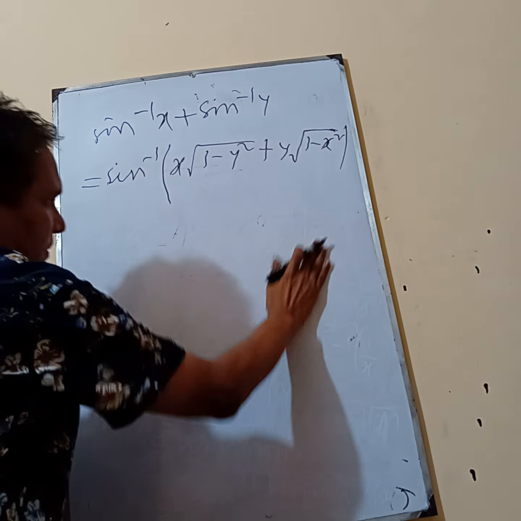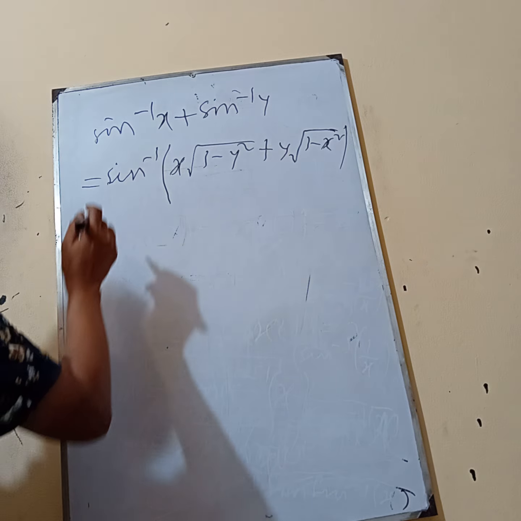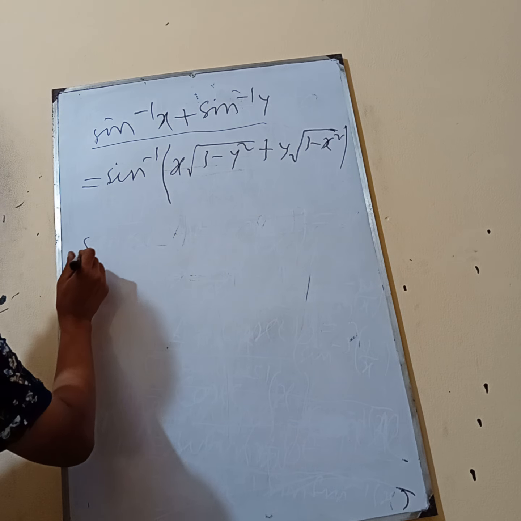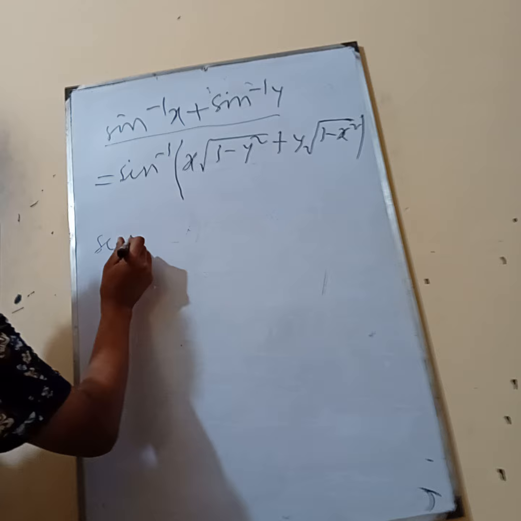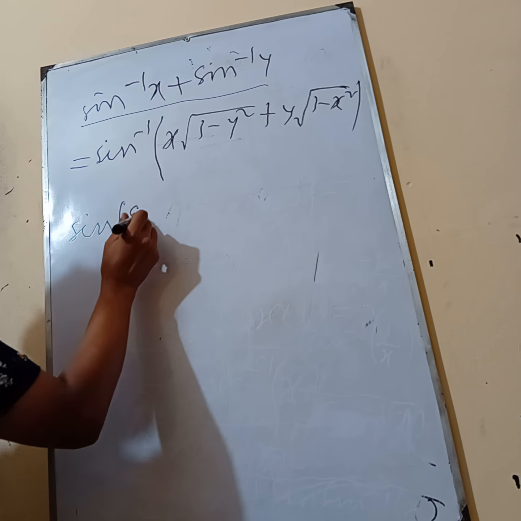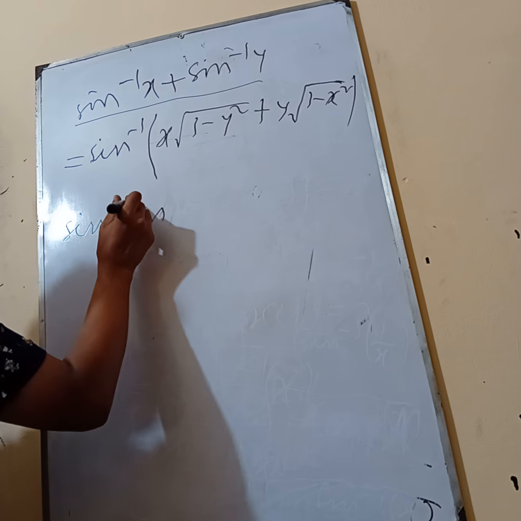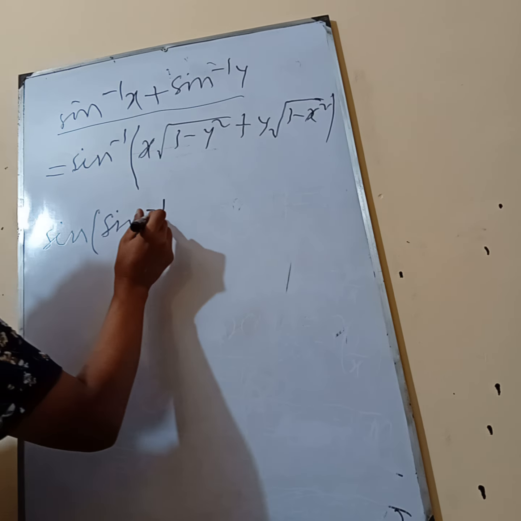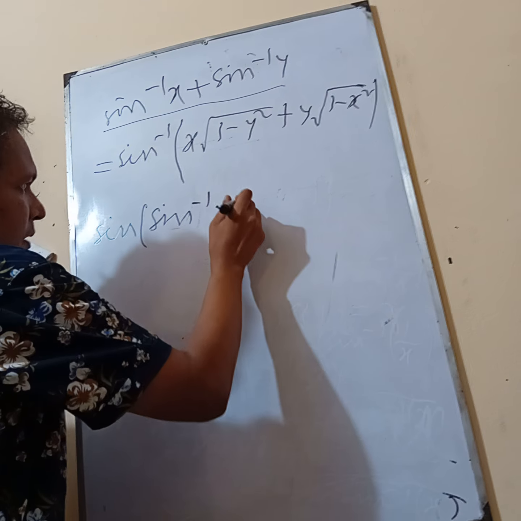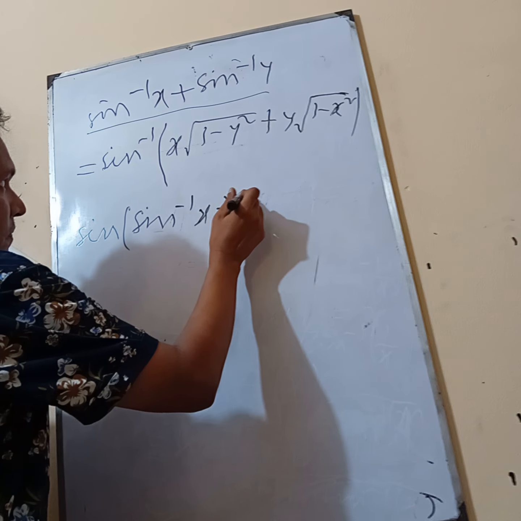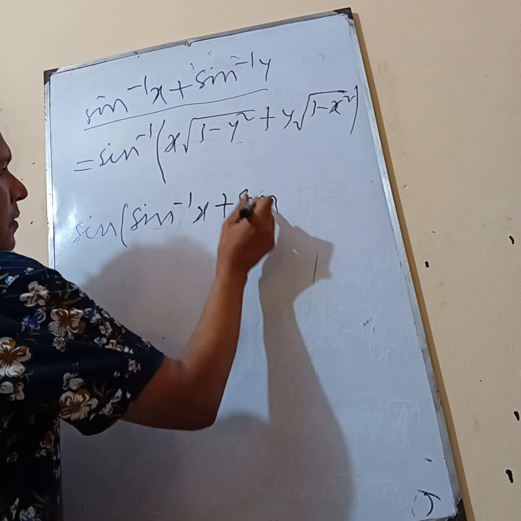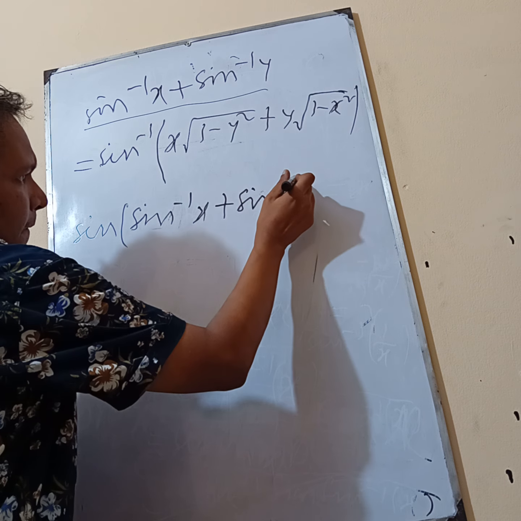How is it proved? Suppose firstly sin inverse x is a and sin inverse y is b.